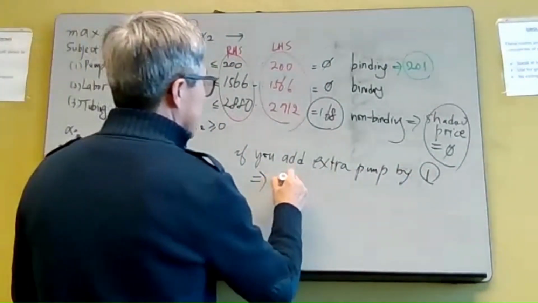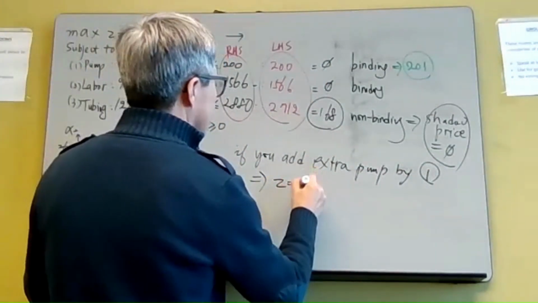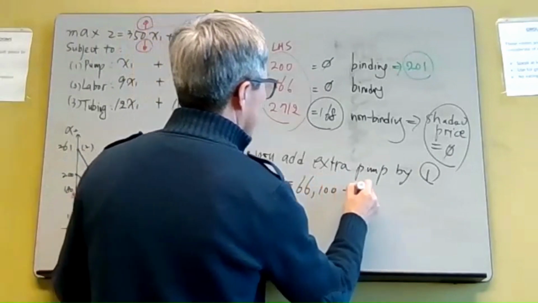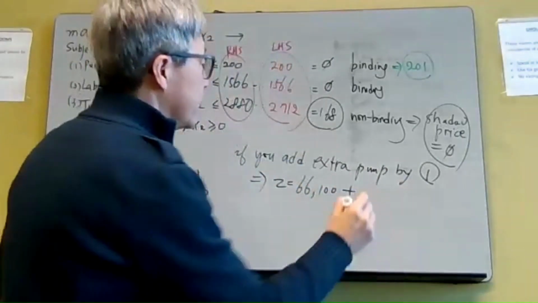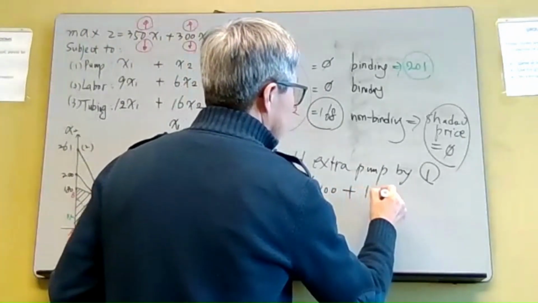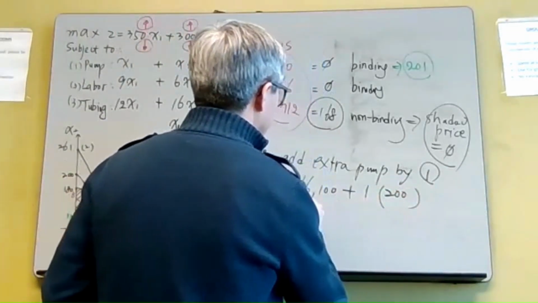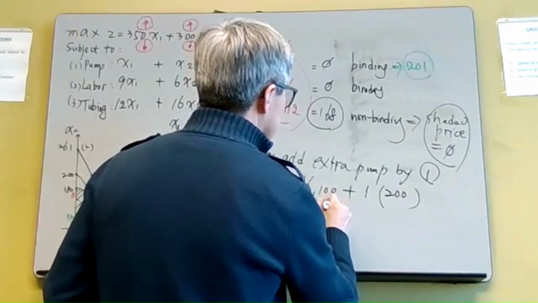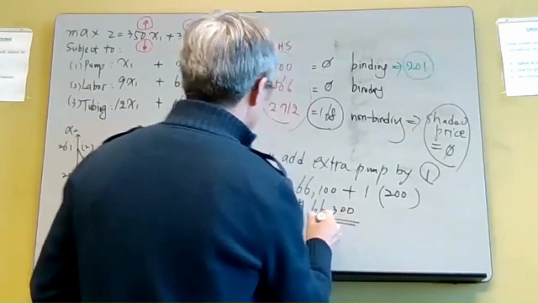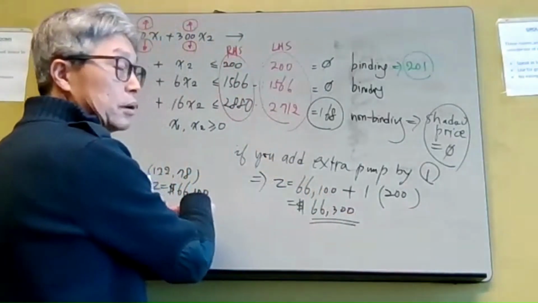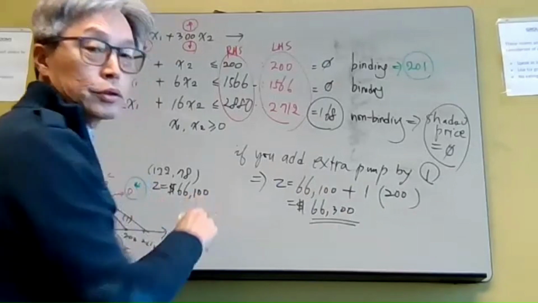Your profit Z will be 66,100 plus the shadow price of 200 if you add 1 extra pump. So your total profit will be 66,300, the increase of total profit from the previous solution.